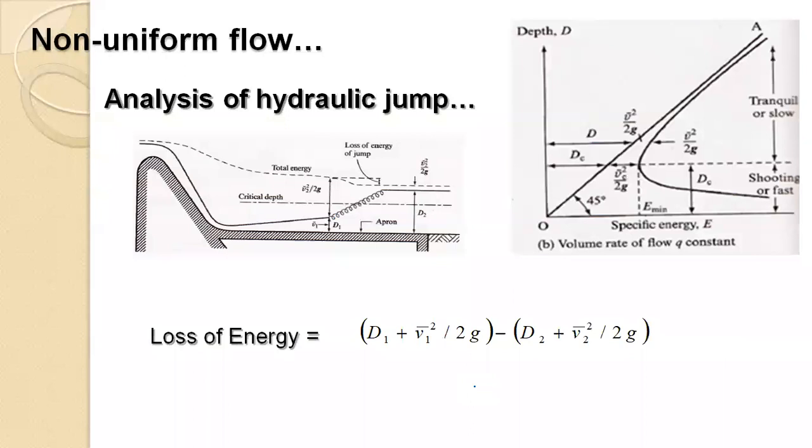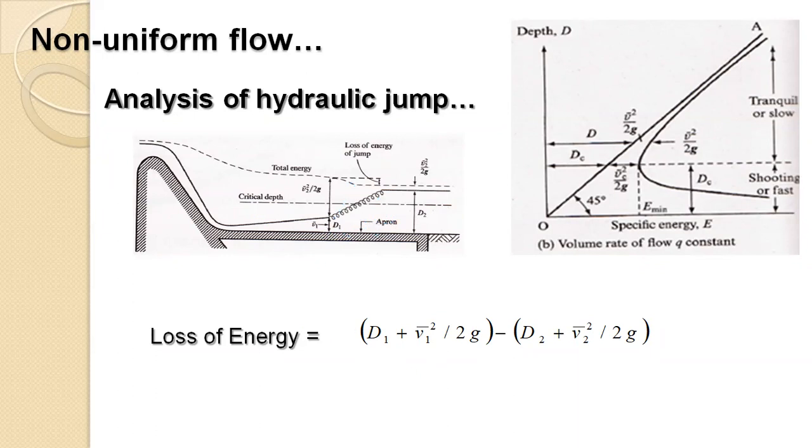Now in the hydraulic jump, I told you that there is high energy dissipation, and if you assume the bottom to be flat, right? This example is from a spillway. At the toe of the spillway, you will generally find the occurrence of a hydraulic jump. If you take the difference of the total energies at point 2 and point 1, you can find the loss of energy in the hydraulic jump.